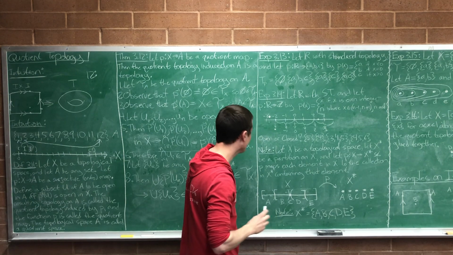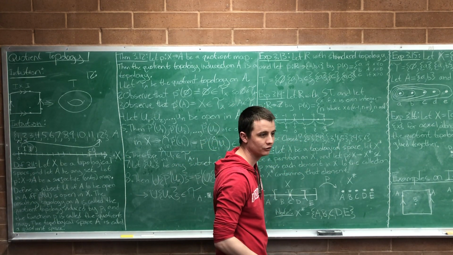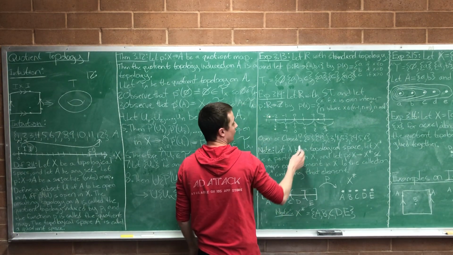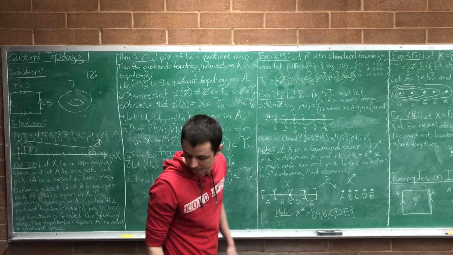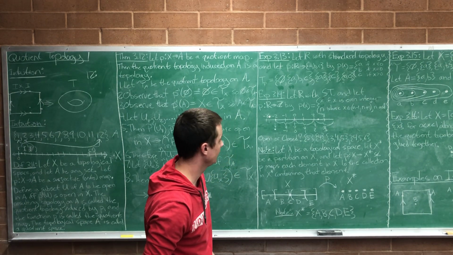Okay. So we're going to look at just some random sets and see if they're open or closed, just to try and get a feel for this. The set containing 5. Is it open? What is the pre-image of 5?